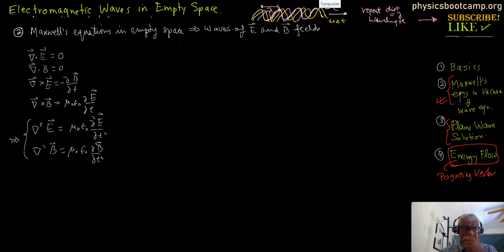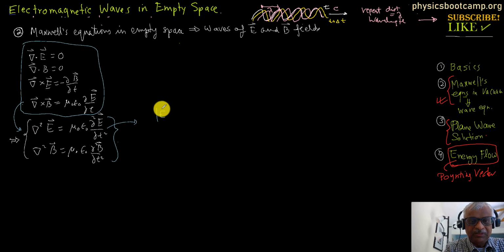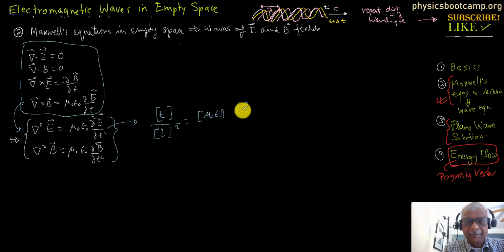Okay, so I recopied that. So you have these equations coming from Maxwell's, and they imply these. So whatever the solution of this is must also obey that, right? Over here, if you look at the left hand side versus the right hand side, on one side you have electric field dimension over length square, and on the other side the dimension of mu naught epsilon naught times electric field dimension over time square.